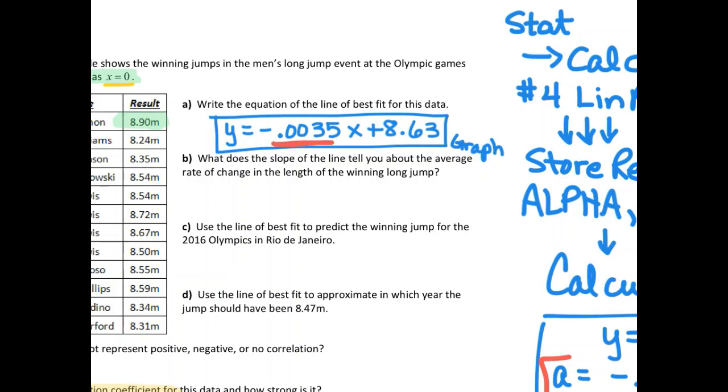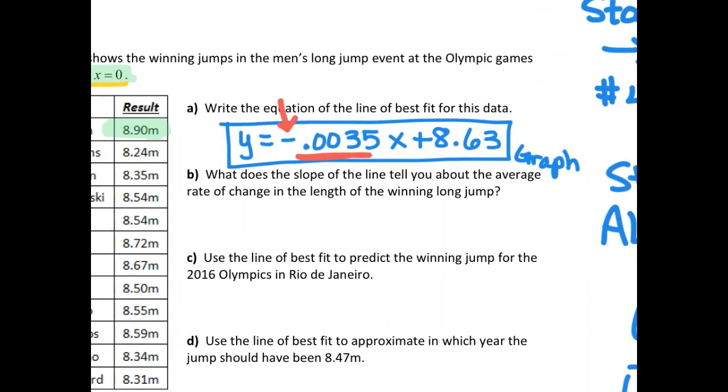What does it tell you about the average rate of change in length of the winning long jump? Because it's negative, it tells me that it's going down. And because it's a very, very small negative number, it's going down very slightly over time. So let's say that it decreases slightly over time.